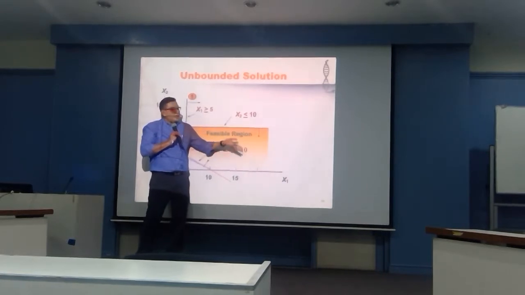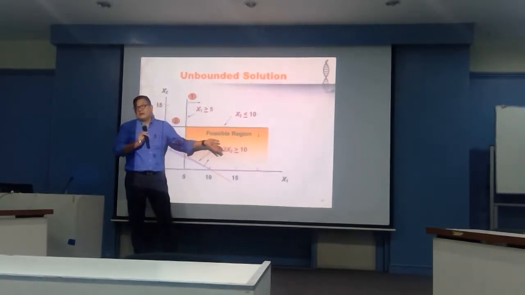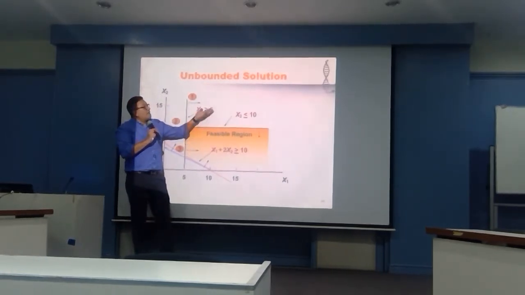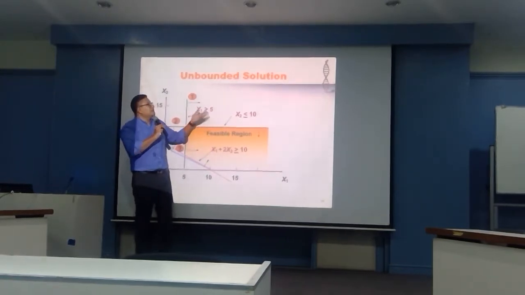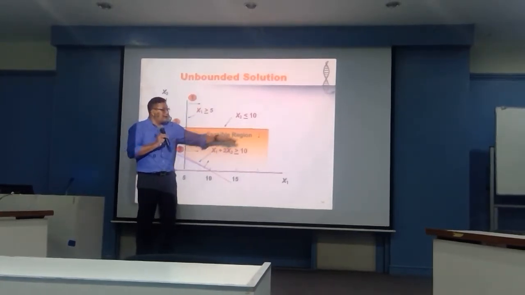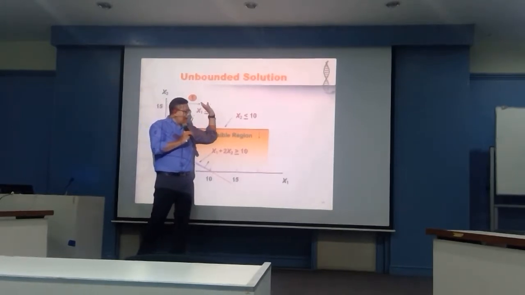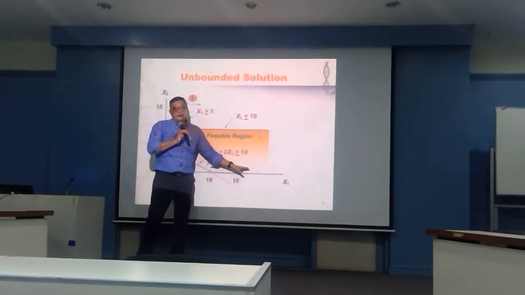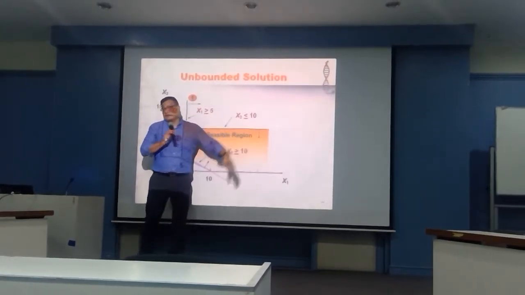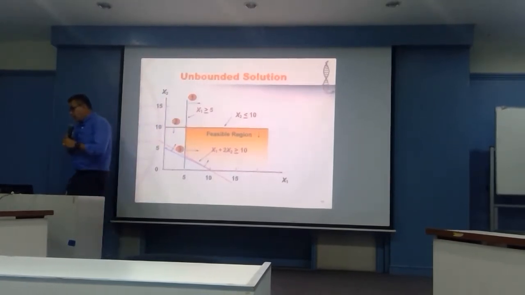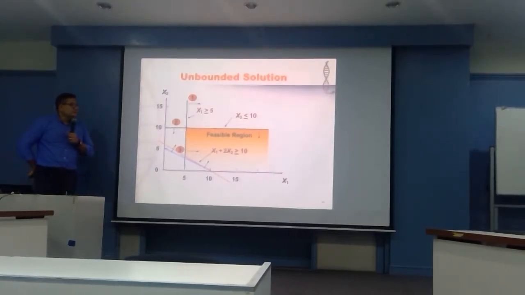So we can imply that there is no answer. It's called an unbounded solution, because in this feasible region we don't have any closed area where we can find the optimal solution point. So all of this is a special case.